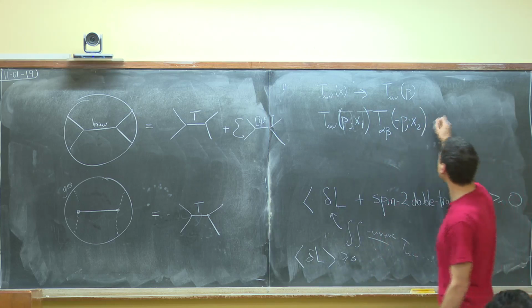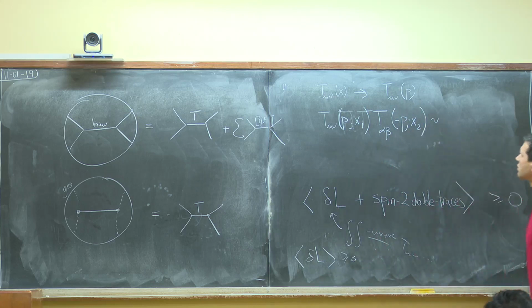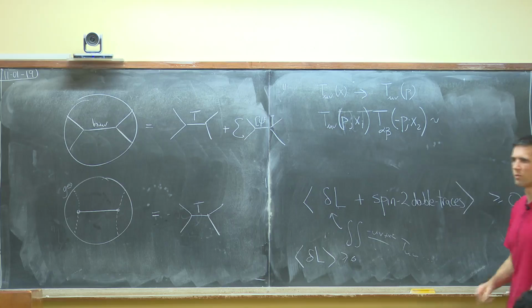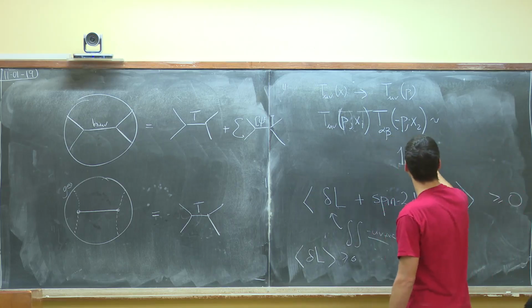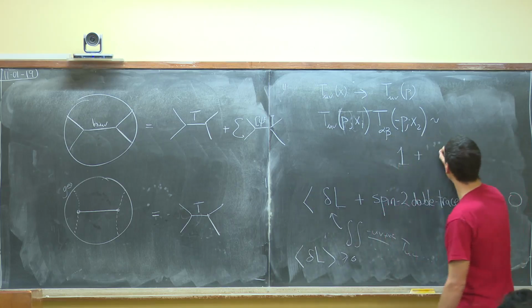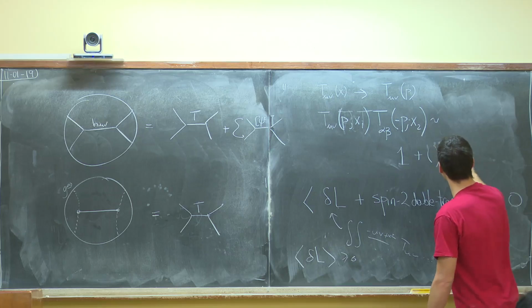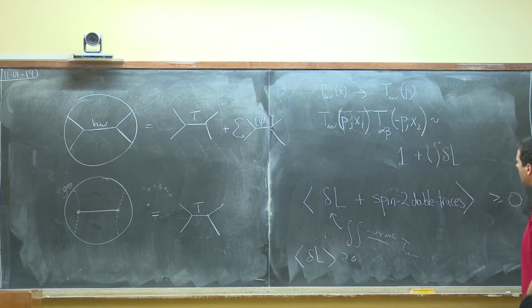Then this has a very similar OPE to the OPE that we saw in the Reg A limit, where there's the identity term, and then there's some coefficient times the length operator, and there are no double traces in this OPE in a large N theory.